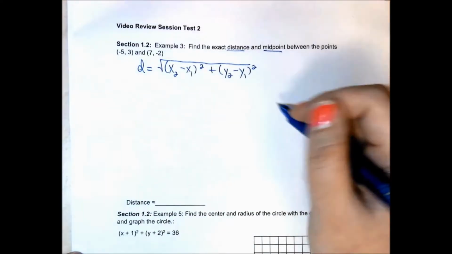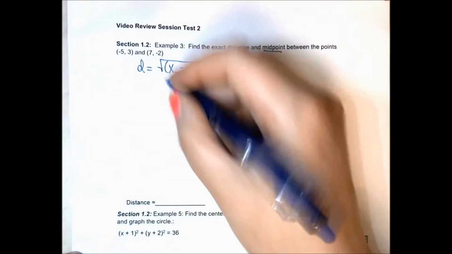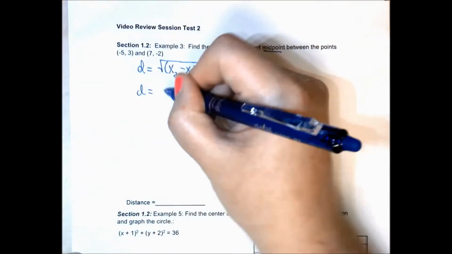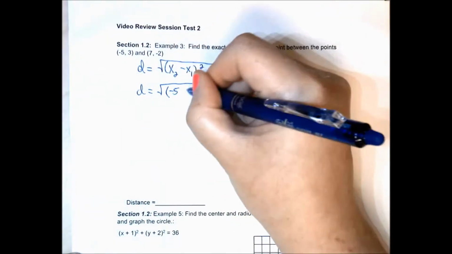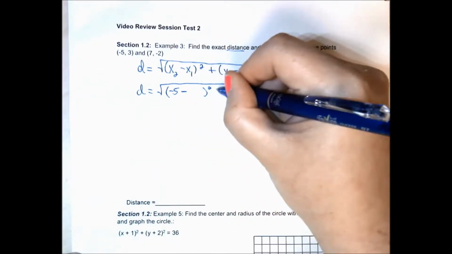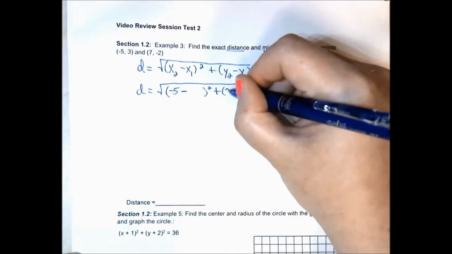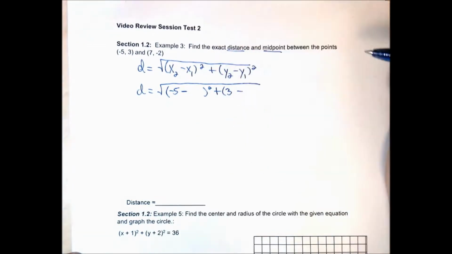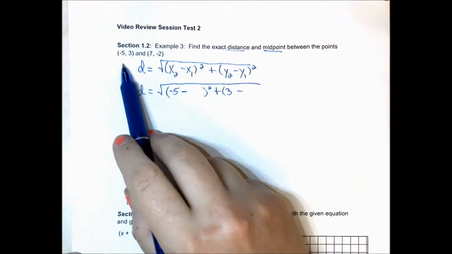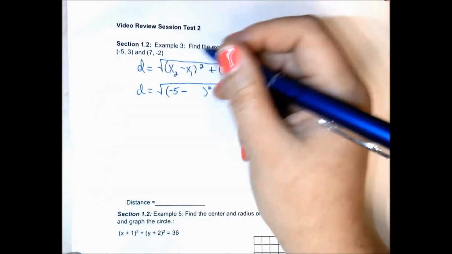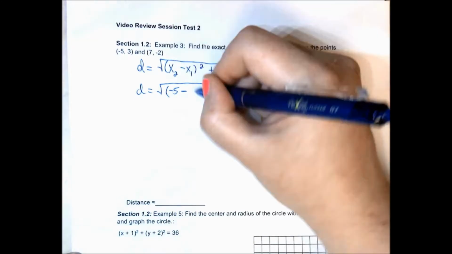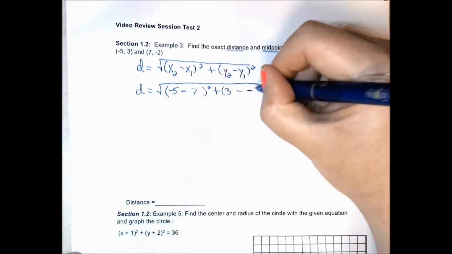All right. So it doesn't matter which x you put first. But whatever x you put first, you need to put its y first over here. So since -5 and 3, I'm going to put them both first and then throw the other ones, 7 and -2.